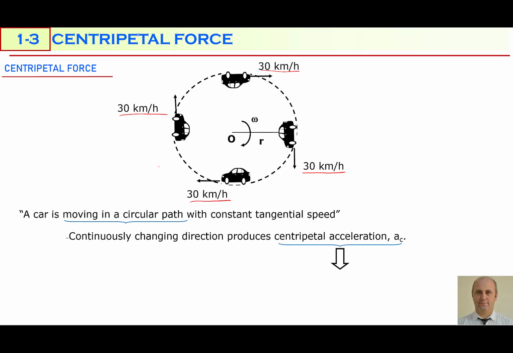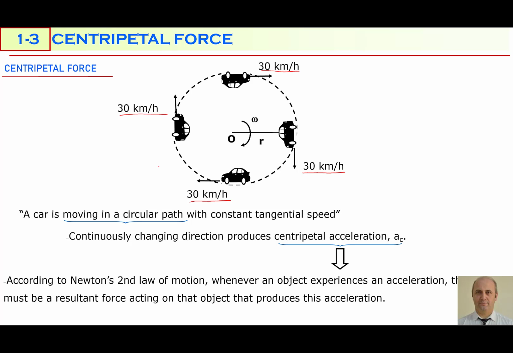And according to Newton's second law of motion, whenever an object experiences an acceleration, there must be a resultant force acting on that object, which produces this acceleration. That resultant force, which produces this centripetal acceleration, is called centripetal force.